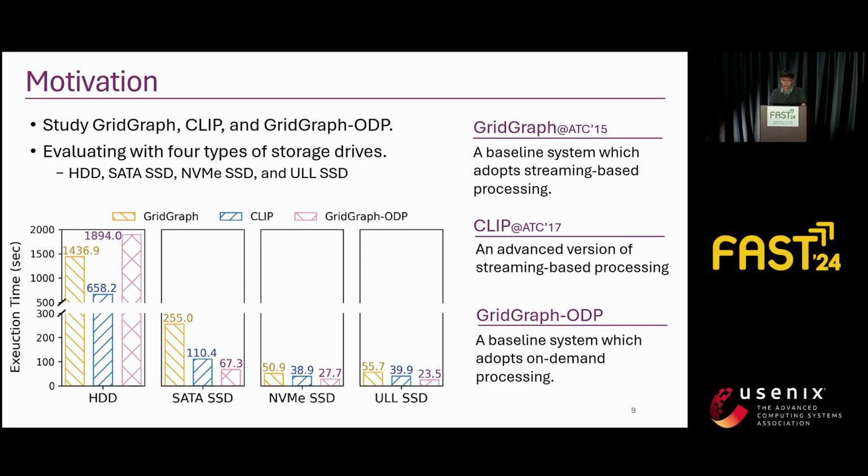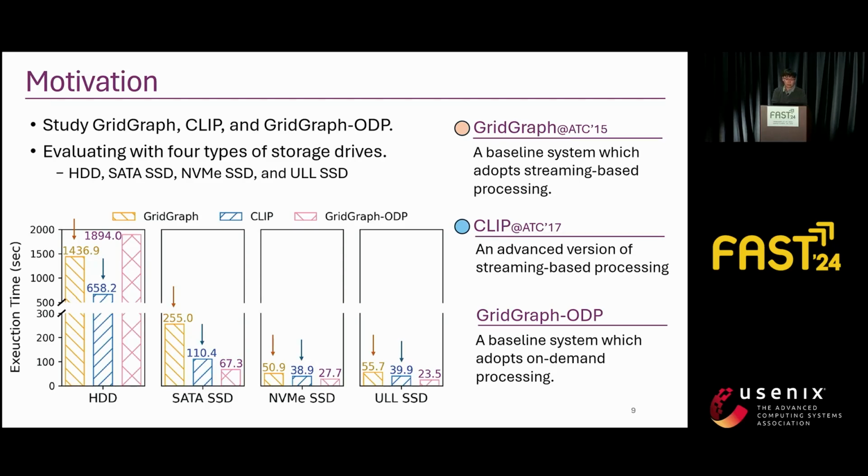In this motivation study, we evaluate with 4 types of storage drives: HDD, SATA SSD, NVMe SSD, and ULL SSD, the ultra-low latency SSD. For the results, we can first observe that Clip is basically always better than GridGraph on all types of storage drives.